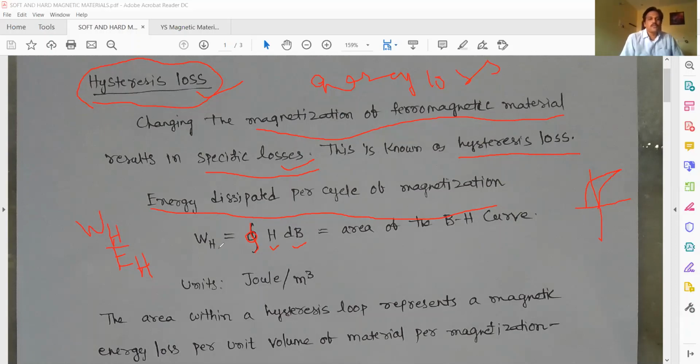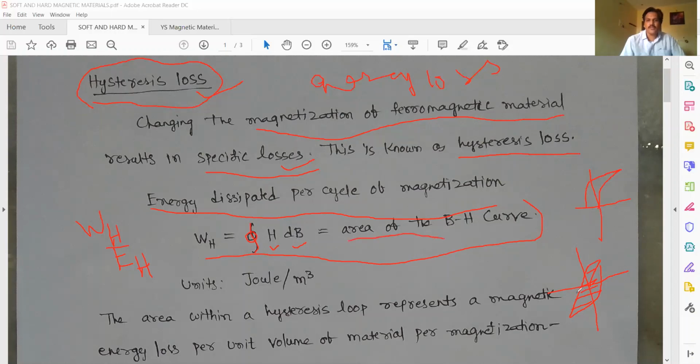So that integration gives the area of the BH curve. Energy loss is nothing but the area of the BH curve. This is the BH curve, this is the area, with the initial magnetization here. The energy dissipated per cycle of magnetization is calculated as the area of the BH curve.